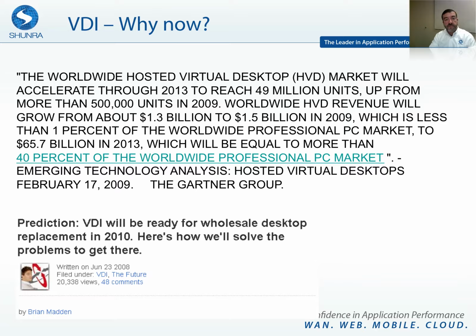Why now? Well, Gartner estimates that within 2 years, we're going to reach about 50 million units of virtual desktops. Obviously, the market is about to explode. There is another prediction that VDI will be ready for wholesale consumption somewhere around 2010.